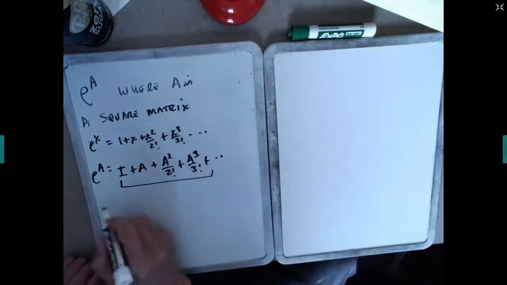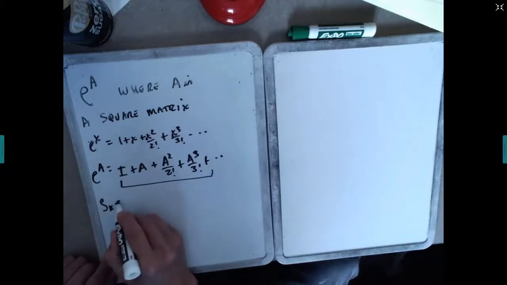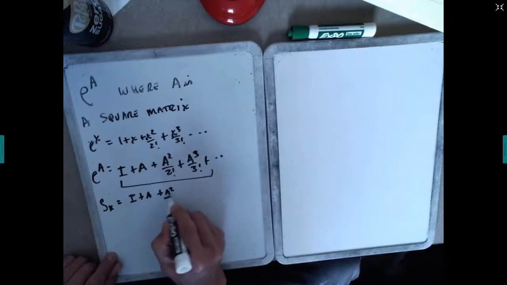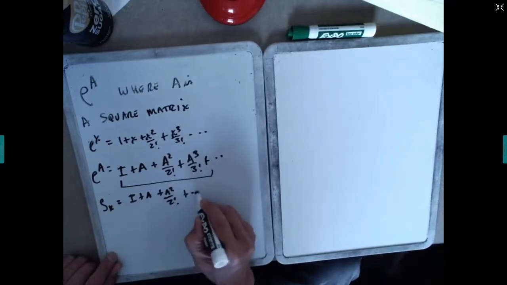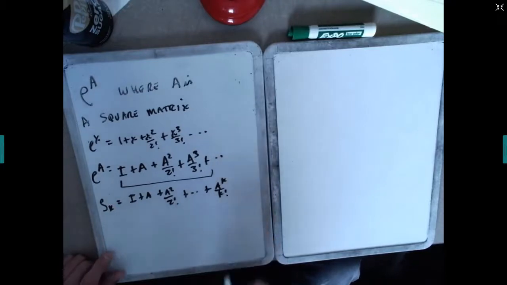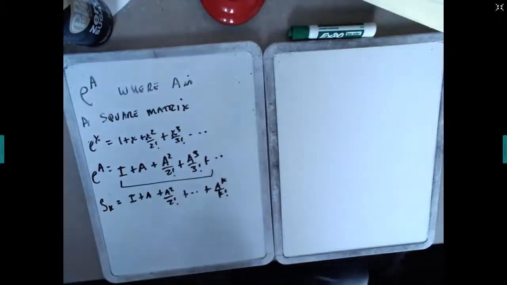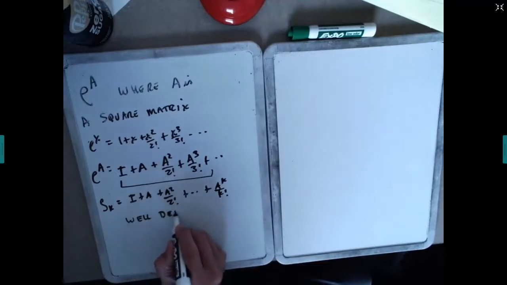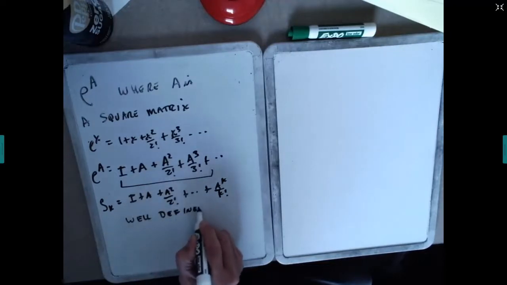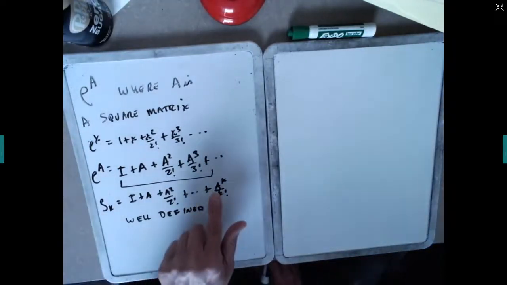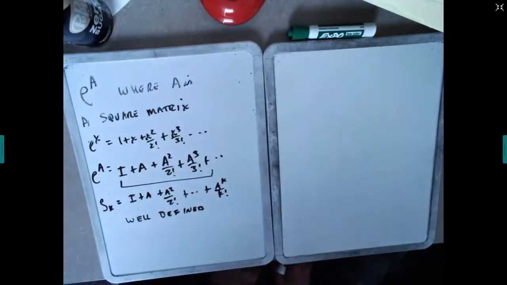Now, the very first thing we have to worry about is this infinite sum. What we could do is define S_k to be the partial sum, where k is a positive integer. Now, clearly, this is well defined because it's just a finite sum of well-defined matrices.